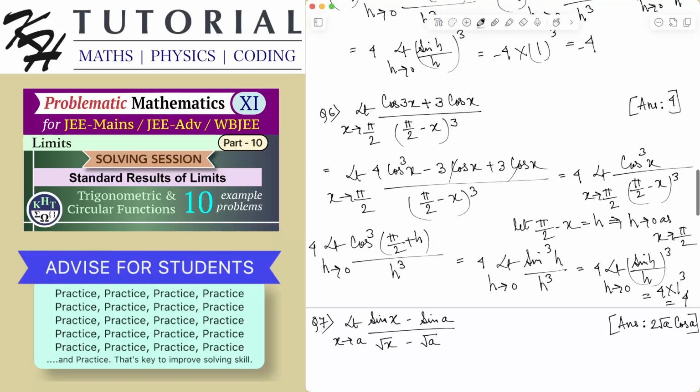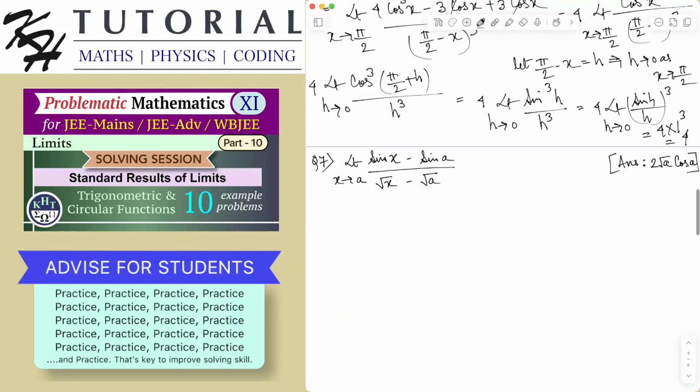Let's see the next problem. Question number 7: (sin x minus sin a) divided by (root x minus root a), x tending to a. So obviously I will use the formula. I will express sin x minus sin a as a factor of sin and cos.